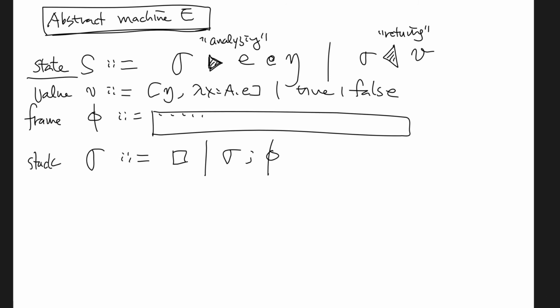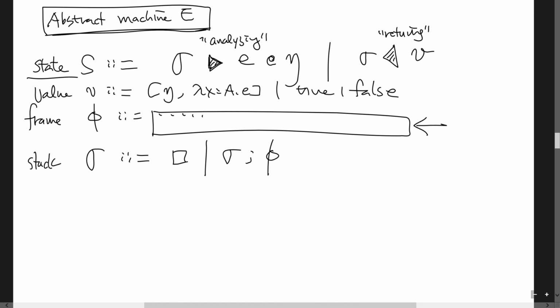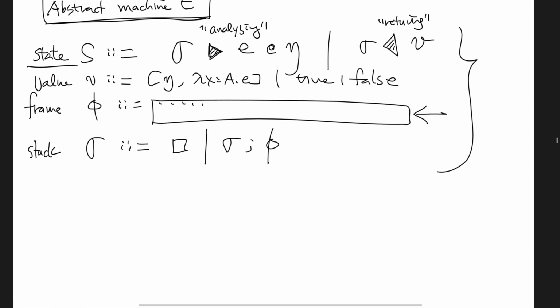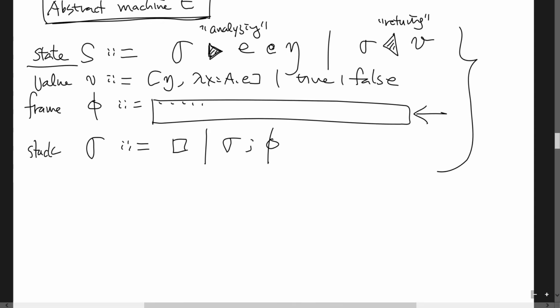So let's figure out what kind of frames we would need in order to complete the design of this abstract machine E. So the first rule is, suppose that we are currently analyzing this variable x under environment eta. So what should we do? There's nothing we can do about this variable x without accessing this environment, because the value for this variable x is presumably found in this environment eta.